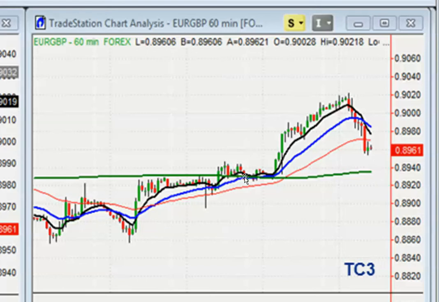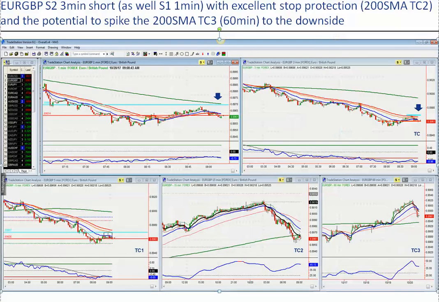The 200 is really relevant. We saw here a test. Price shied away. Another test of the 200. So price getting closer and closer. Then it's going above the line, sitting on the line. So now the game plan is we get another test from above. So the 200 acts like a magnet.